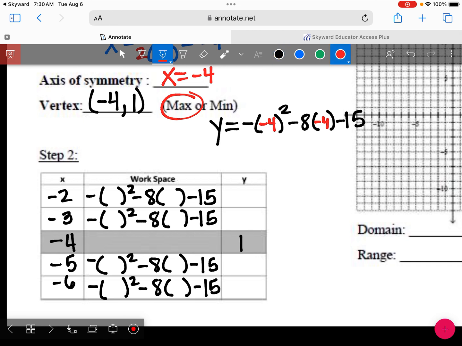You're going to put in the negative 2 first, and then put in negative 3. Put in negative 5, and put in negative 6. I'll give you a minute to get those numbers.